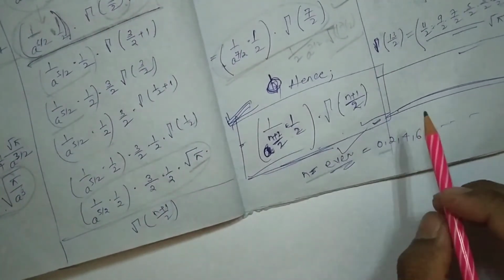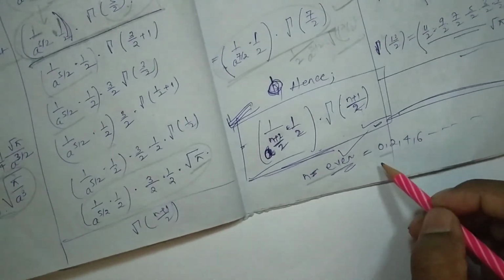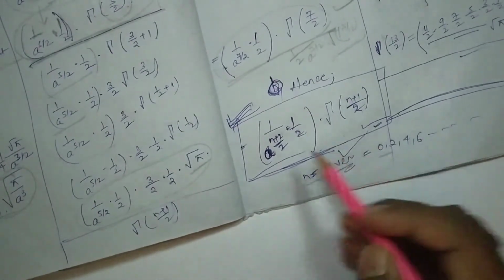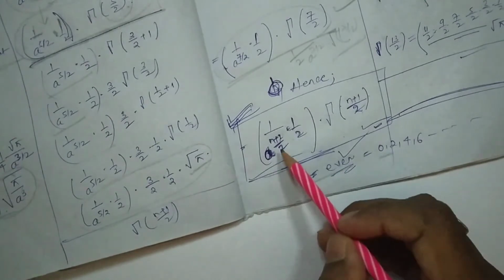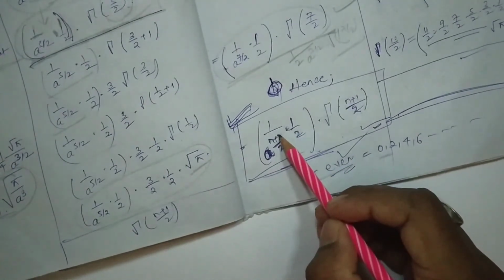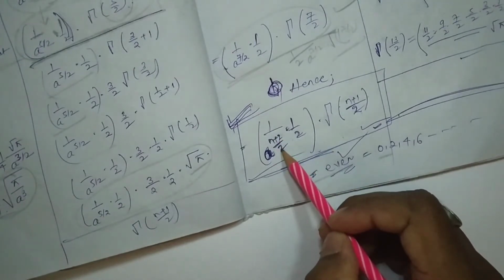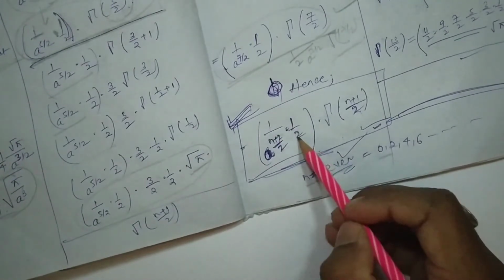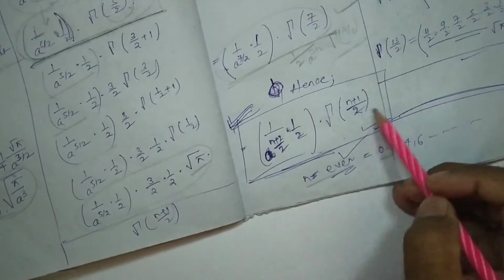Yes, another thing I forgot. For n equal to 0, it will be a to the power 0 plus 1 by 2, into 1 by 2 into gamma 1 by 2.